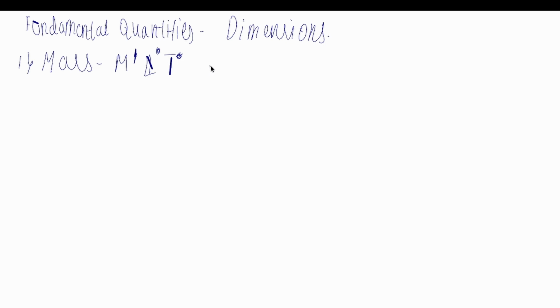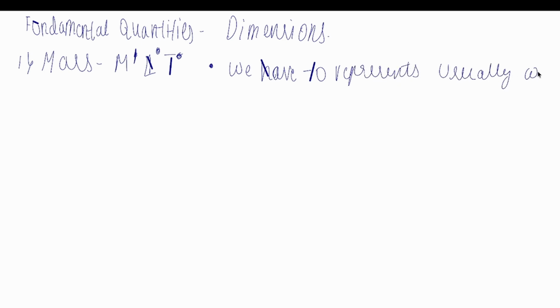The other rule here is that we usually represent with the base physical quantities, which are mass, length, and time. From the part 1 video, we know that mass, length, and time are the base physical quantities.